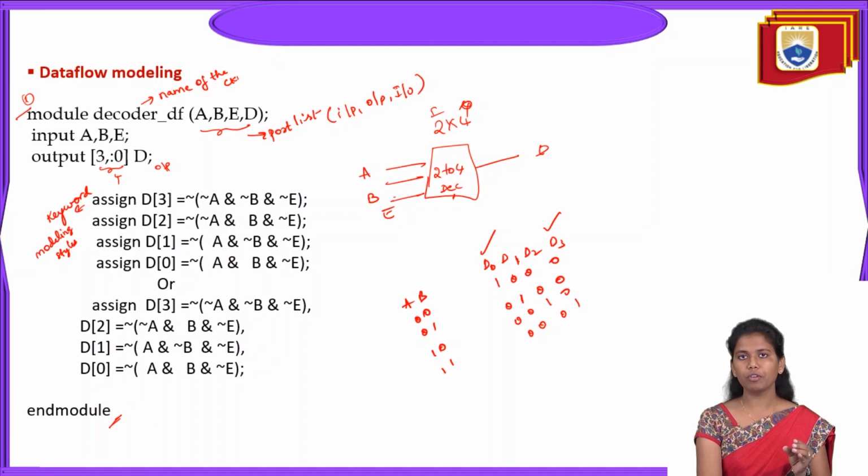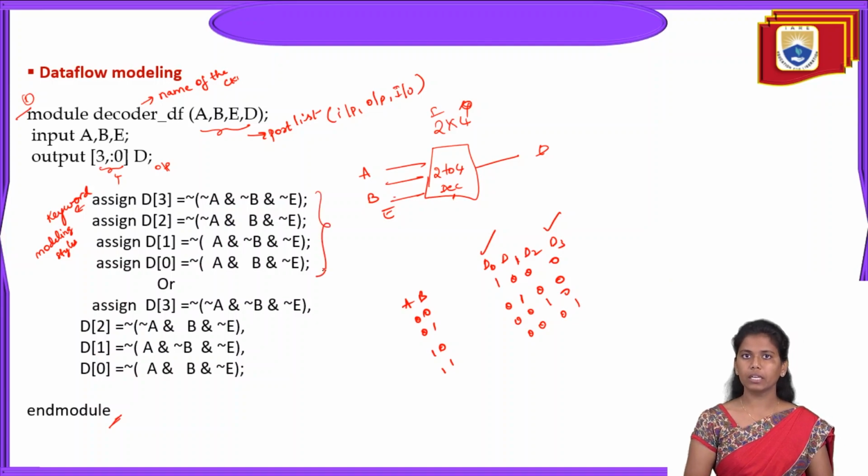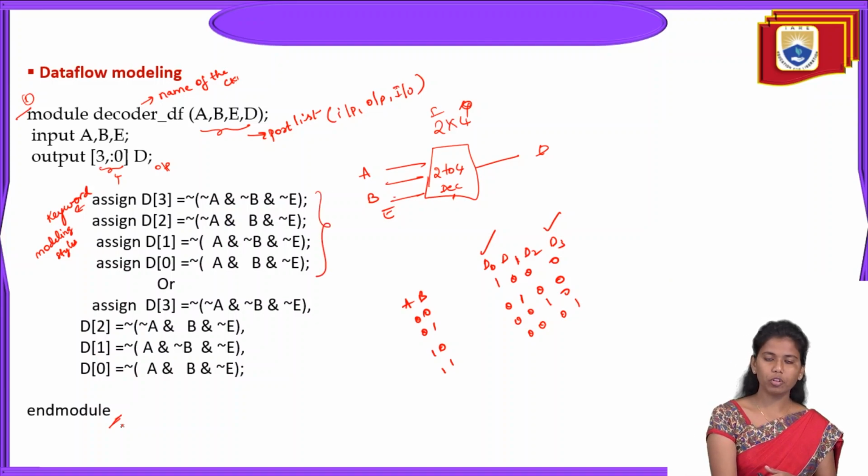But how we write the code is very important to remember. So always remember, as we are writing code in terms of data flow modeling, a keyword with respect to that particular modeling style should be mentioned clearly, and then the mechanism should be written out very clearly. And finally, you have to terminate your code with one more keyword, that is endmodule.